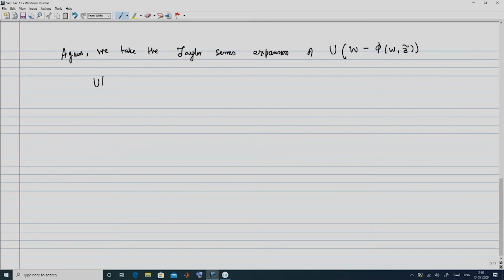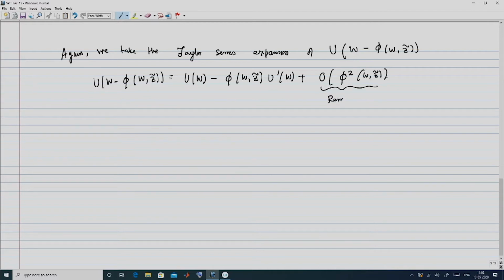We get that u of W minus phi of W z tilde is equal to u of W minus phi W z tilde u prime of W plus order of terms which are phi square W z tilde, and this is the remainder term. So, we are truncating here for simplicity up to this term. So, this remainder is approximately equal to 0.